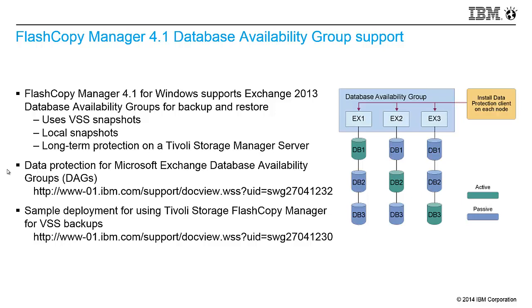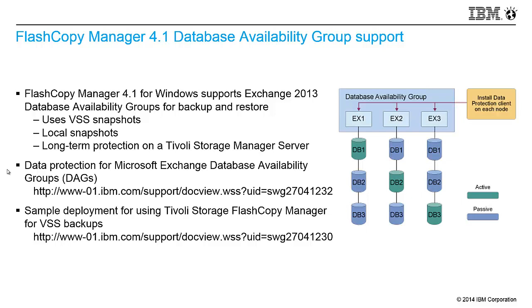Now, FlashCopy Manager 4.1 for Windows and Tivoli Storage Manager for Mail does allow you to provide protection and backup for Exchange 2013 database availability groups, as well as Exchange 2010 database availability groups. The additional level of protection it provides uses just the standard ways that Exchange uses to protect databases, and that is VSS backups and VSS snapshots.